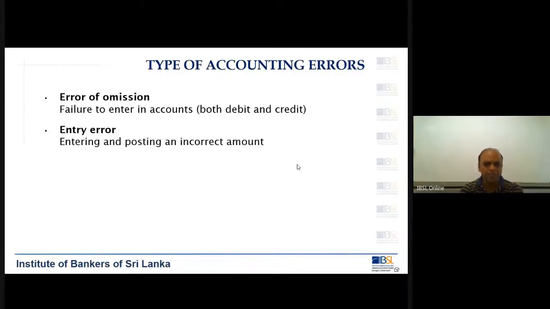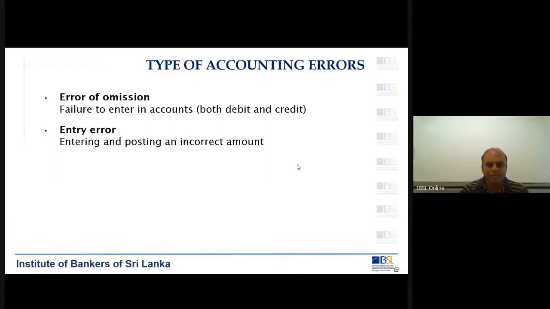But this gets detected when you are trying to balance your cash position at the end of the day. Why? You will be short by 45,000. Instead of 5,000, you have posted 50,000, which means you will be short by 45,000 rupees in cash. So you will detect it at that point in time and you might rectify it. But there could be errors which may not get detected.